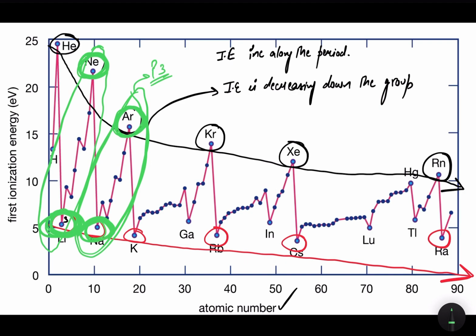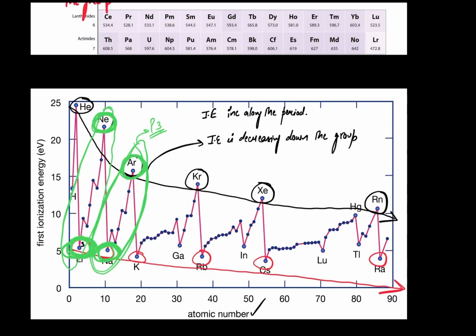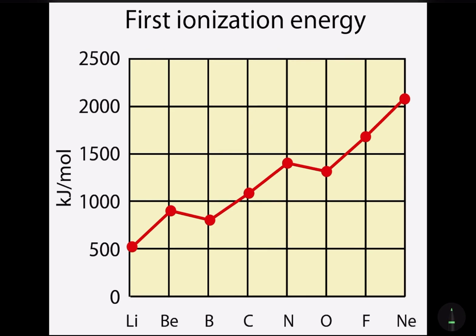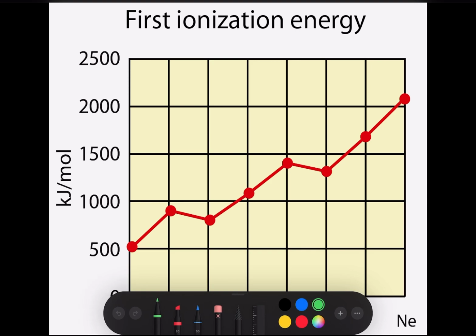Now let's talk about the exception. This is the graph for the first ionization energy of period number 2.